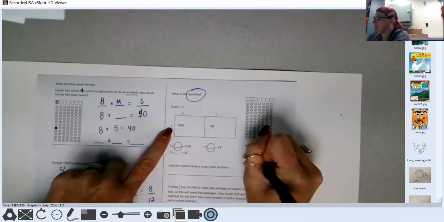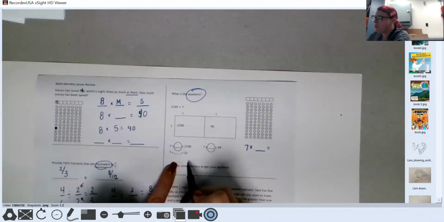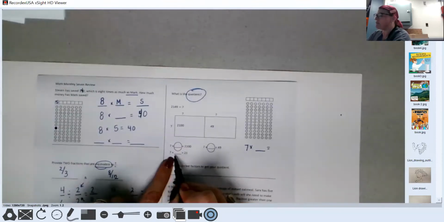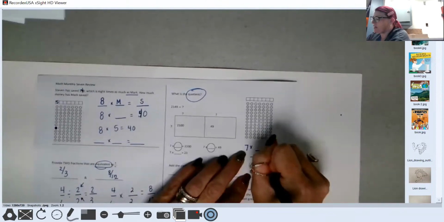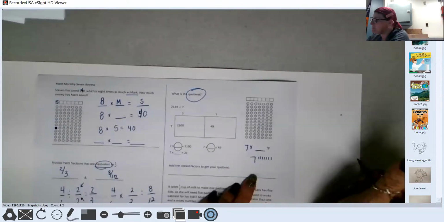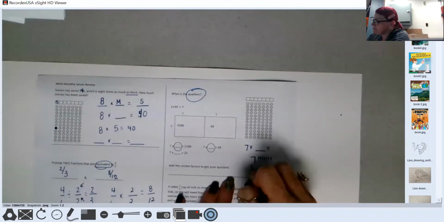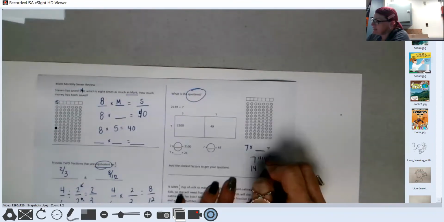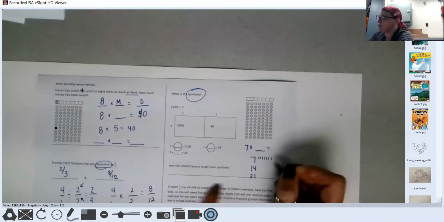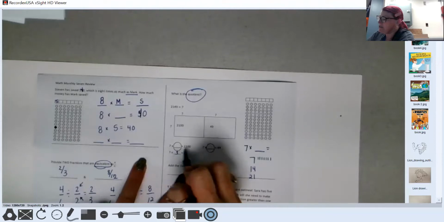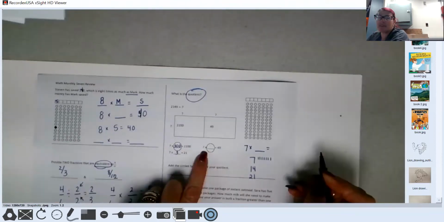So 7 times blank equals 2100, and I could use 7 times blank equals 21. I could count 7, 8, 9, 10, 11, 12, 13, 14, 15, 16, 17, 18, 19, 20, 21. So I could stop there. That's 7 times 3. And so there's 2 zeros here. So this is 300. And then what times 7 equals 49?